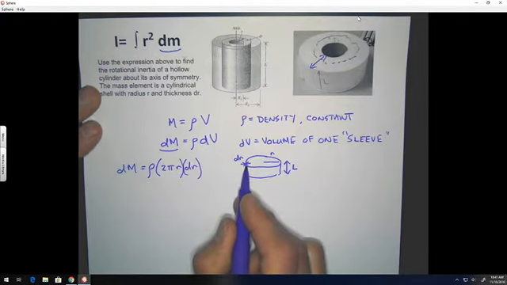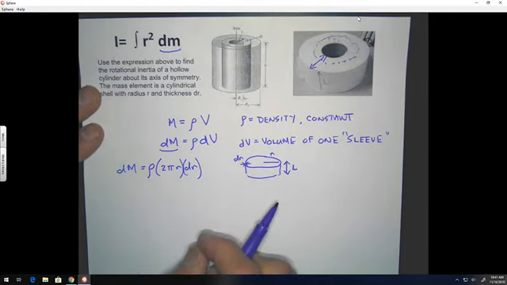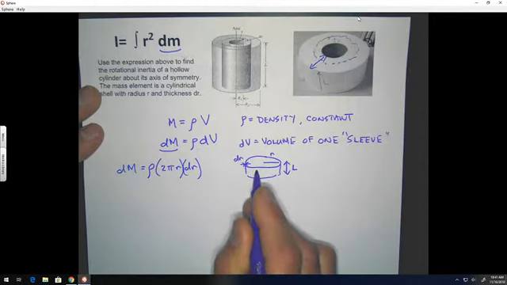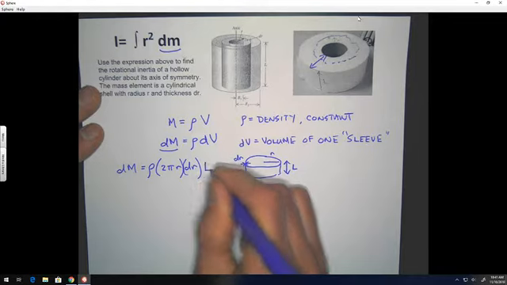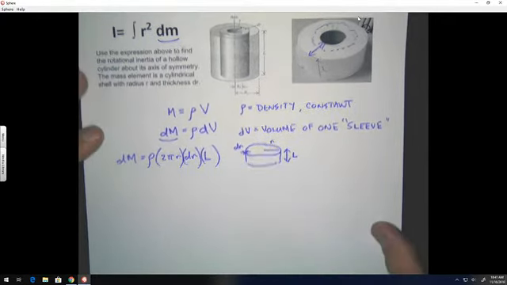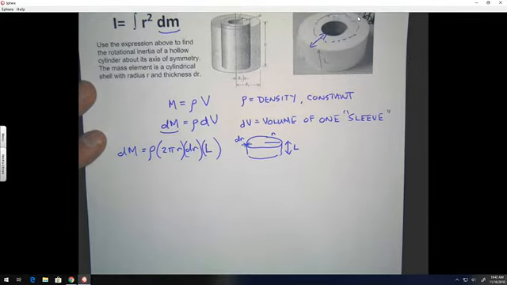Now guys, I hope you can see that if I take the circumference, which is a length, and multiply by a thickness, which is a length, I'm going to get an area. That's the area of the edge of that sleeve. So in order to convert that into a volume, the last thing I would multiply it by would be the length, or in this case the height of the cylinder. And that is basically the substitution that we're going to make here. So you might have to ponder that a little bit, but this is the hard part of it.